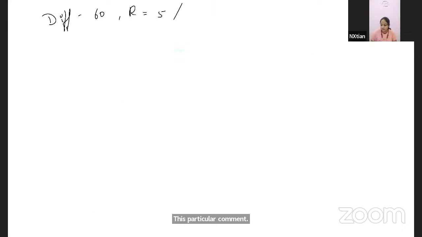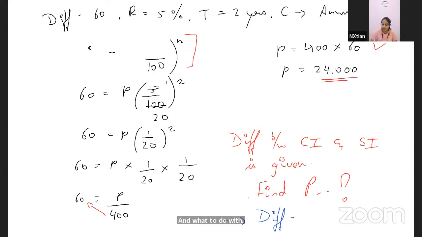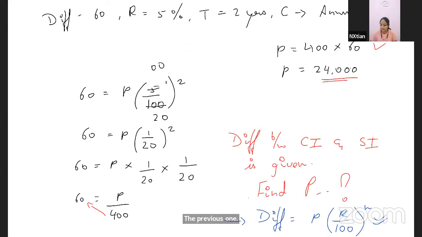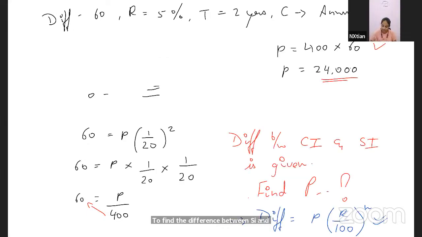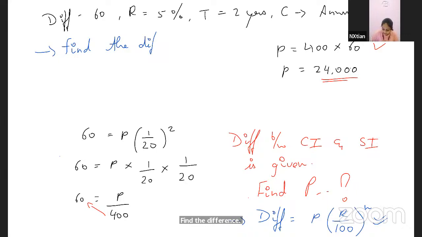Now, sometimes the question tells you to find the difference between SI and CI. So that time what we will do?